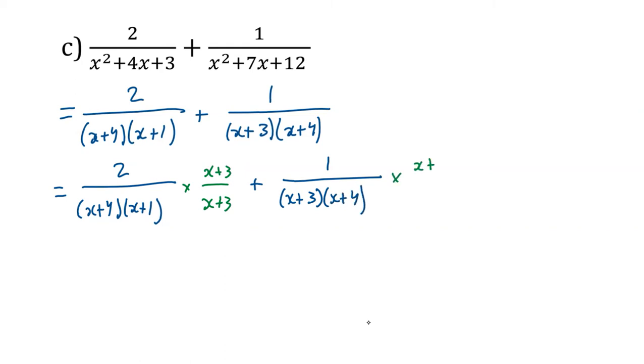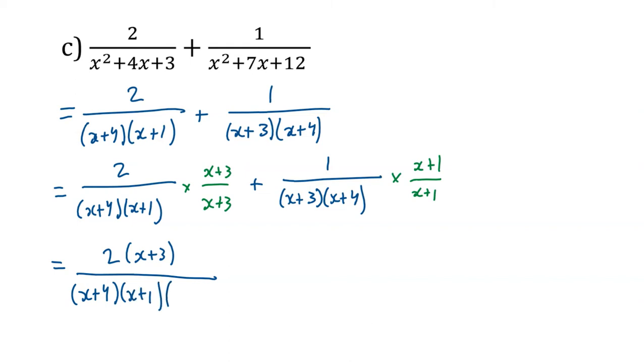You could go straight to the 2x plus 3 over x plus 4, x plus 1 times x plus 3 plus 1 times x plus 1 all over x plus 4, x plus 1, x plus 3.